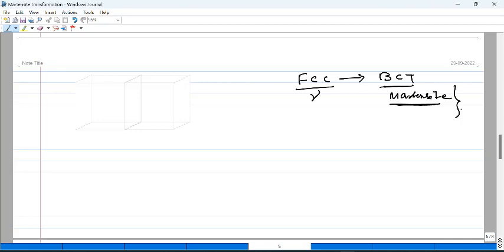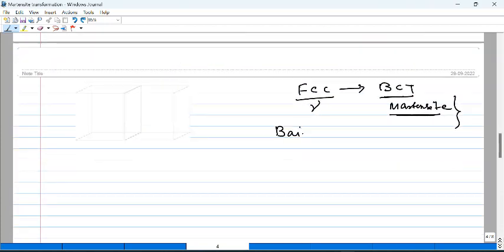In order to understand this change of crystal structure from FCC to BCT, you need to take the help of a concept, a kind of deformation or distortion, known as Bain deformation or Bain distortion.